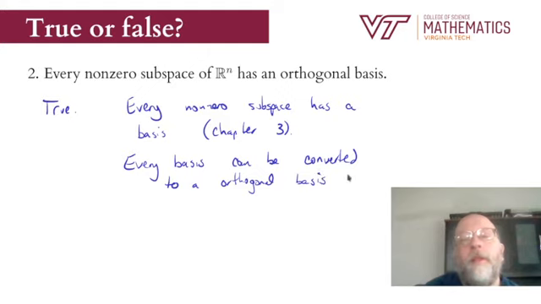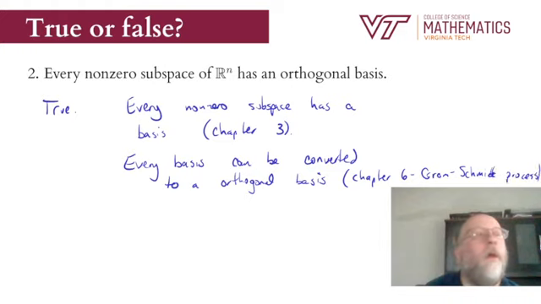This is what we did last time, chapter 6, the Gram-Schmidt process. So this is a true statement because every non-zero subspace has a basis, and every basis can be converted to an orthogonal basis. And therefore, every non-zero subspace has an orthogonal basis. So that is a true statement.